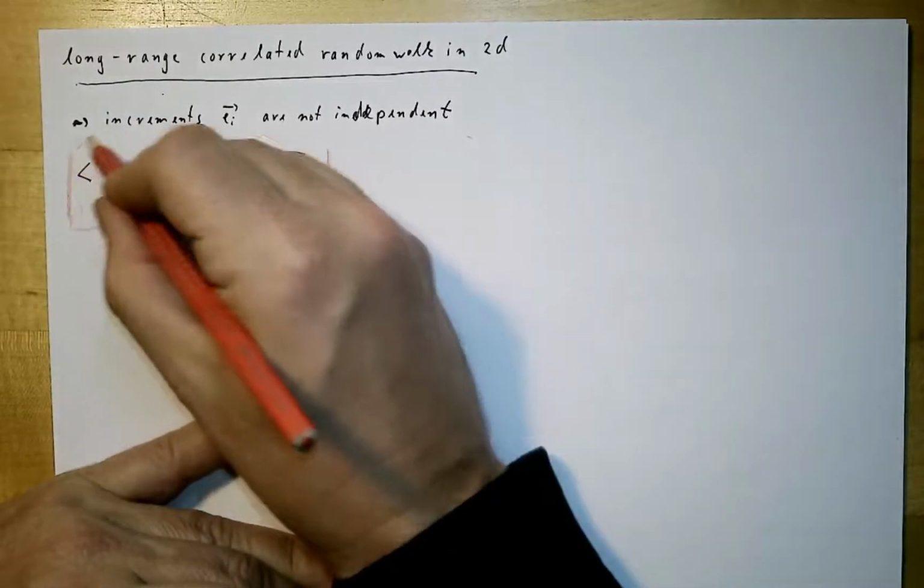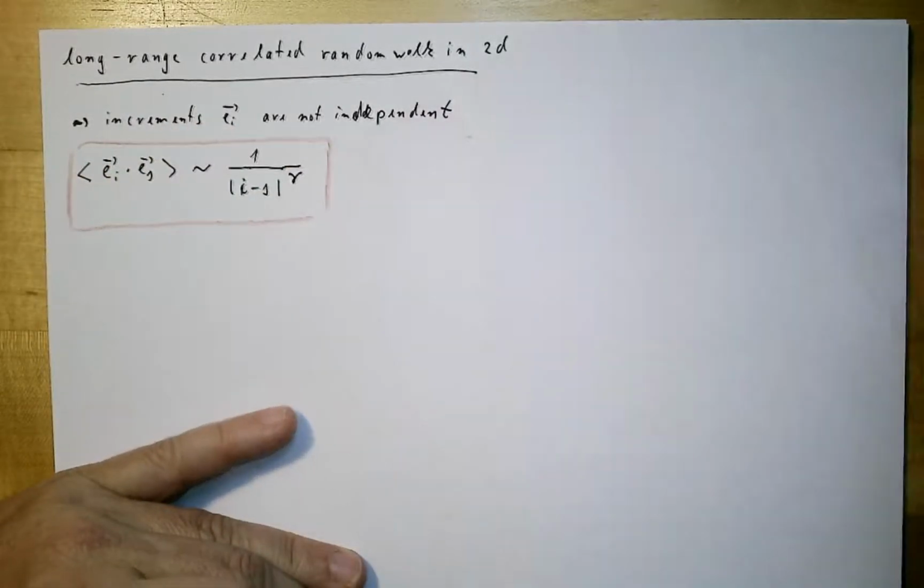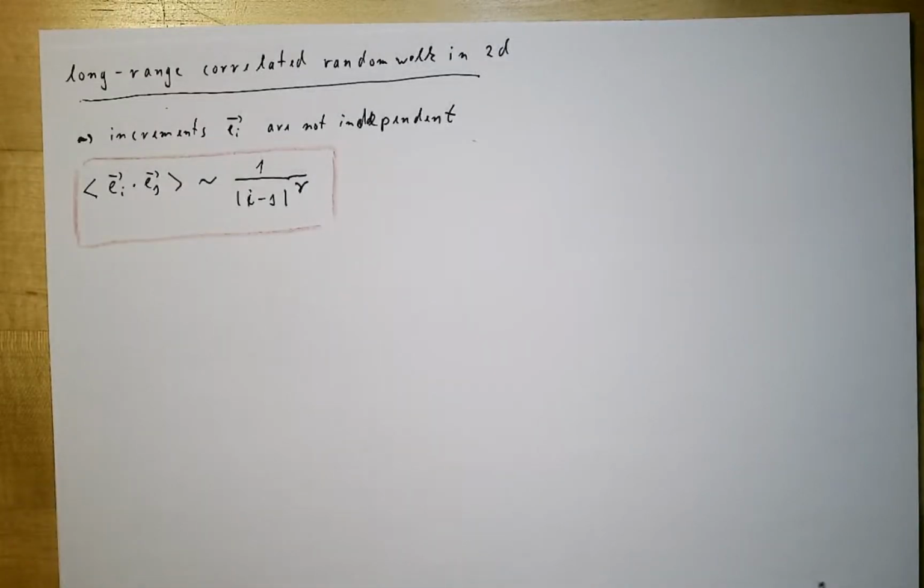And if we have something like this, then we have a long-range correlated random walk.